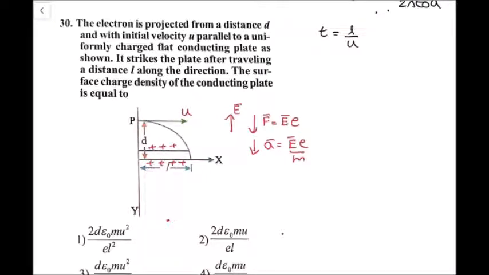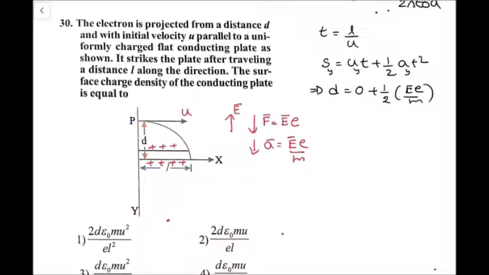Now using the equation of motion, S = ut + half at square, in the y direction, you will get Sy, nothing but the vertical displacement, is d, the initial vertical velocity is 0, the acceleration is eE by m, and t is equal to L by u, whole square.